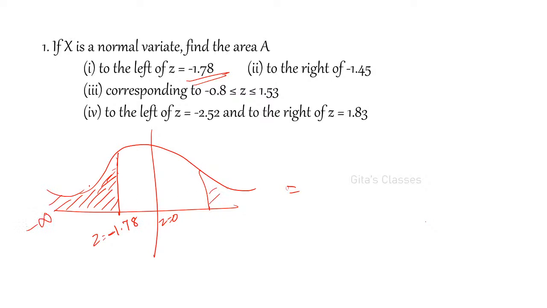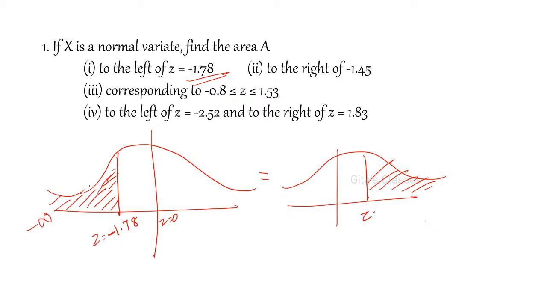This I can write as more than 1.78 because I am going to make use of the table, no? So on this side, this is 1.78. Suppose z is equal to 1.78. Actually this area we need is equivalent to this area because it is symmetric.